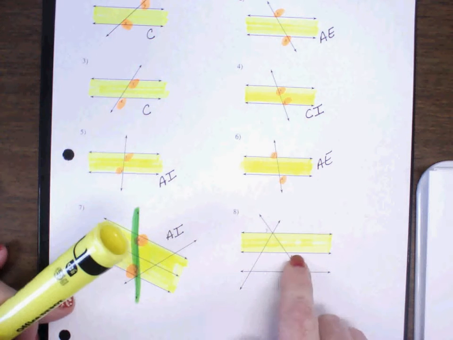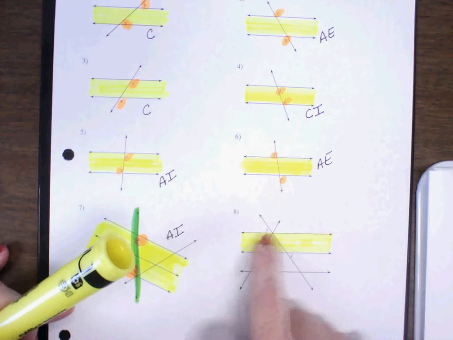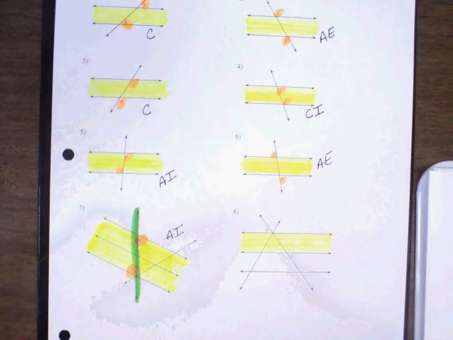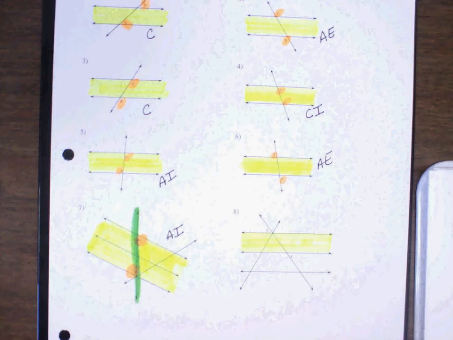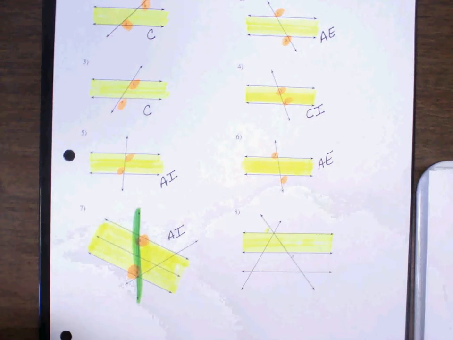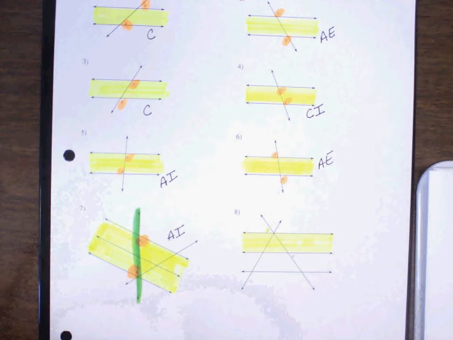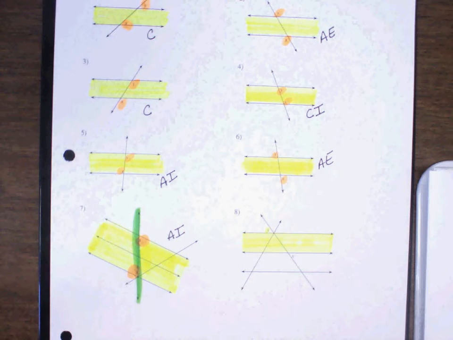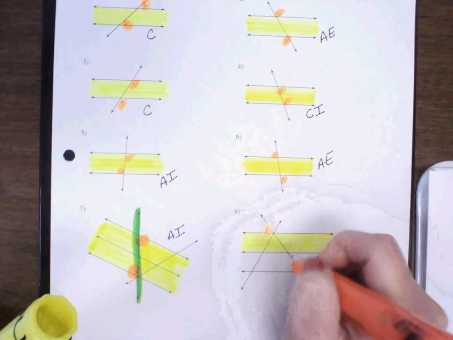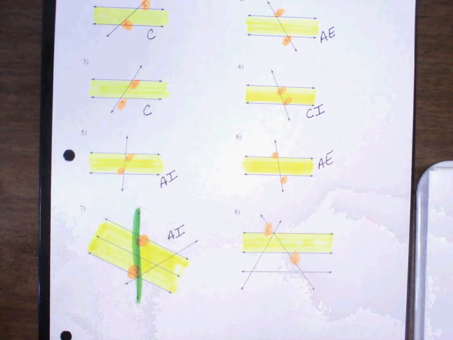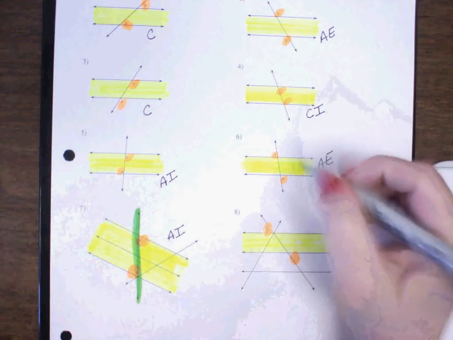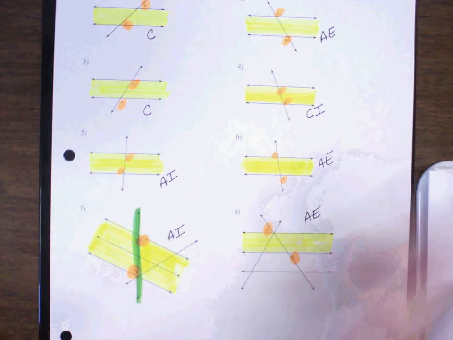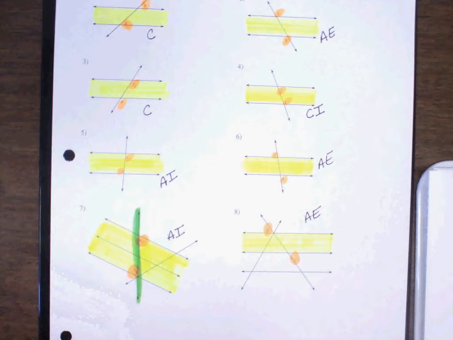It's on that line. So it's just those two. You see that? They're on the outside, so it's alternate exterior. It's okay. Don't worry about it. As long as you can read it, you don't have to know how to say it.